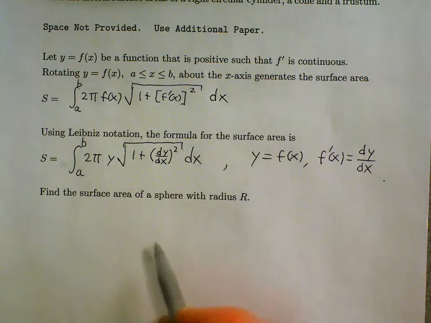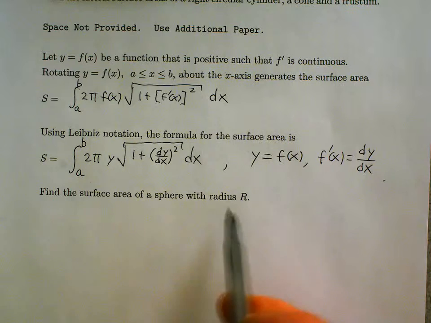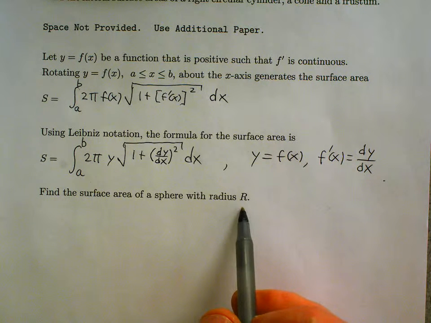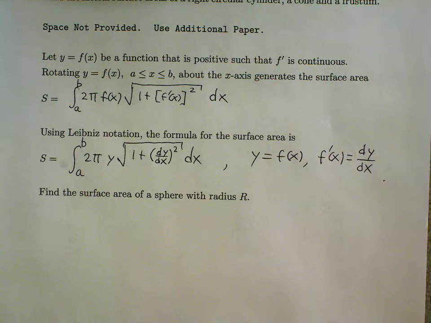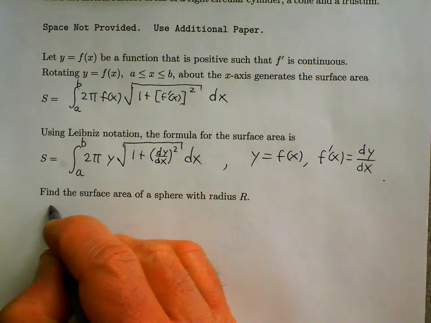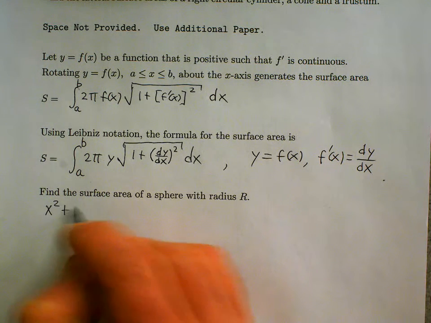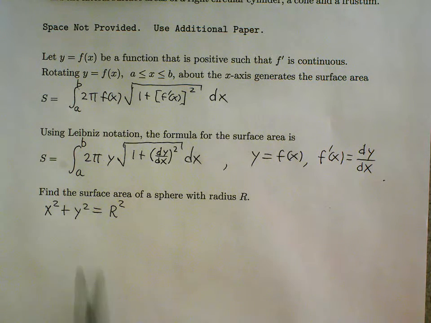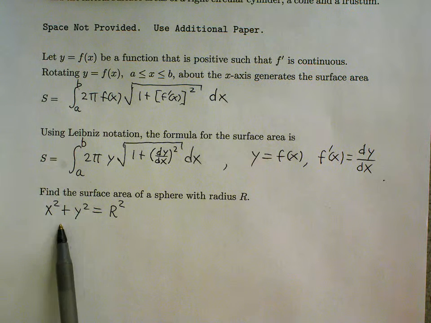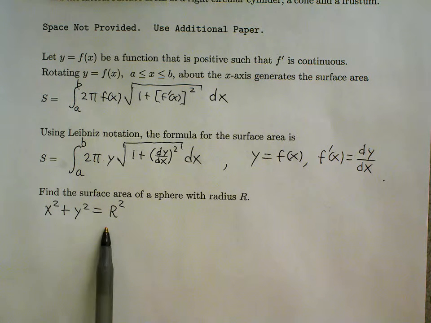Well, if we write down the standard equation of a circle with radius R centered at the point 0, 0, then that equation is x squared plus y squared equals capital R squared. This is just the standard equation of a circle centered at 0, 0 with radius R.